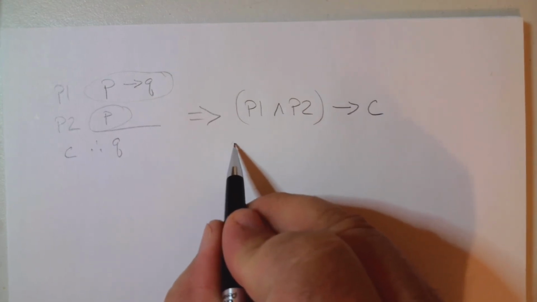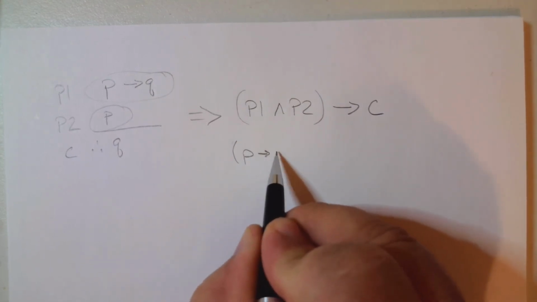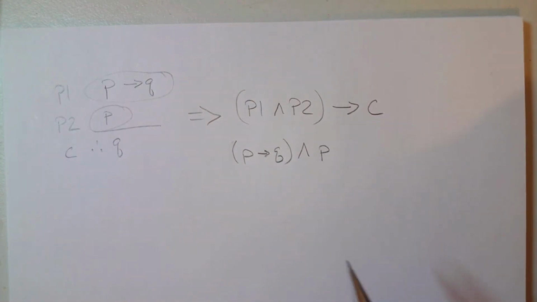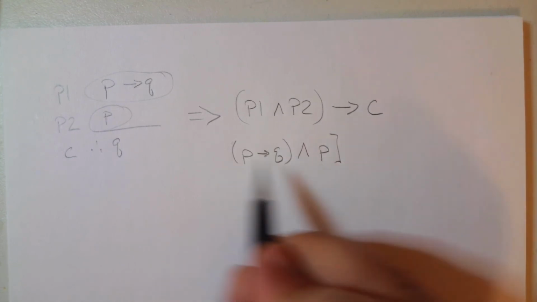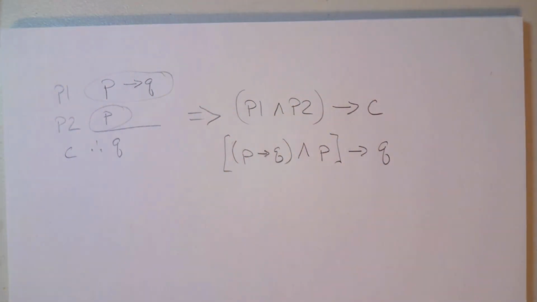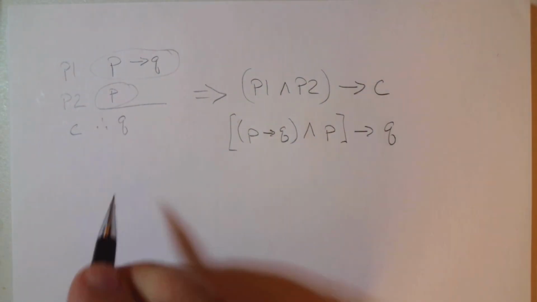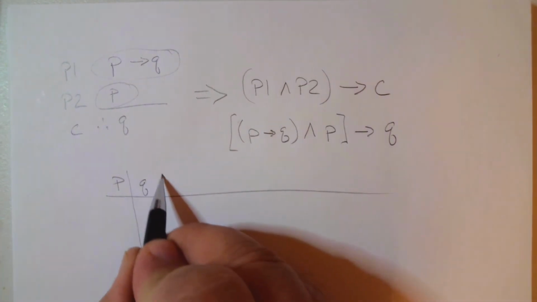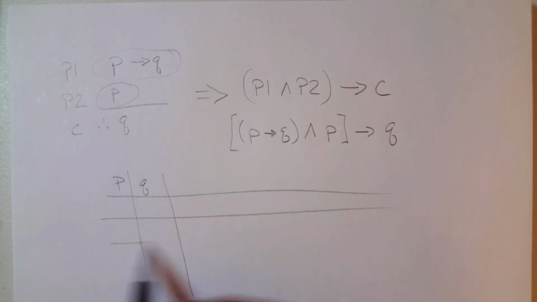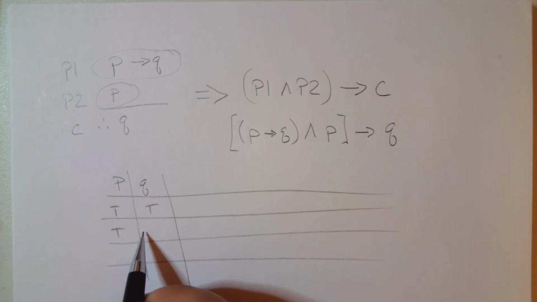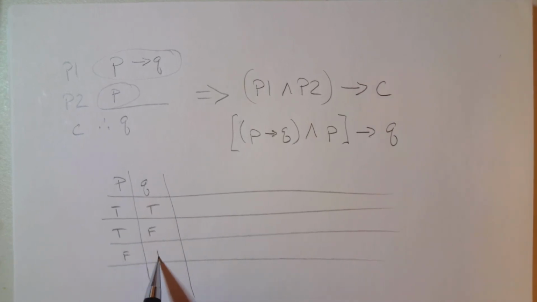So if P then Q and P, then does that lead to Q? So let's create the truth table. So we have true, true, true, false, false, true, false, false.